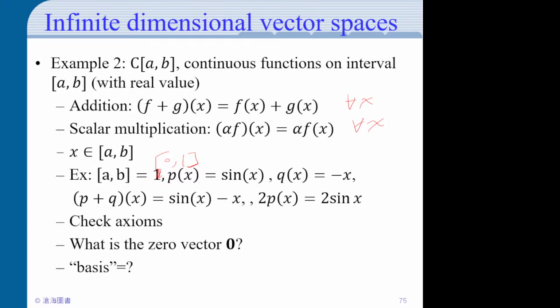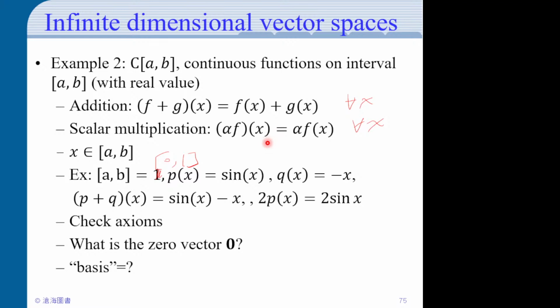For x in a and b, we define those two equations pointwise. For x in a and b, (f plus g)(x) must equal those two function values added together, and likewise for scalar multiplication.